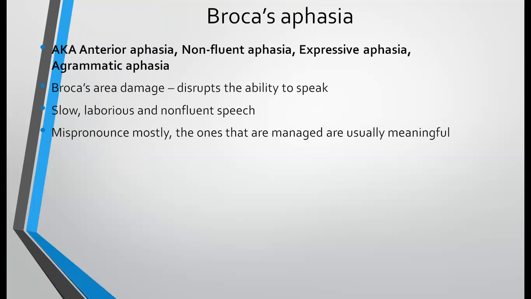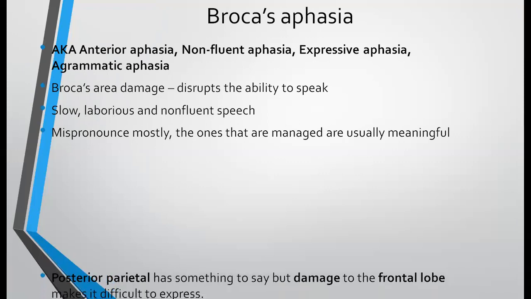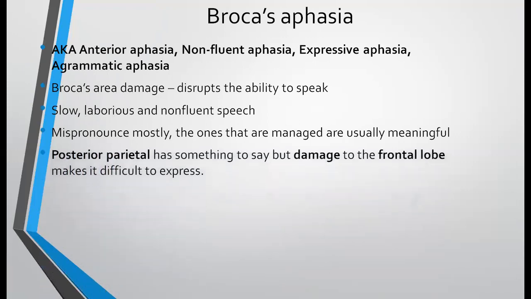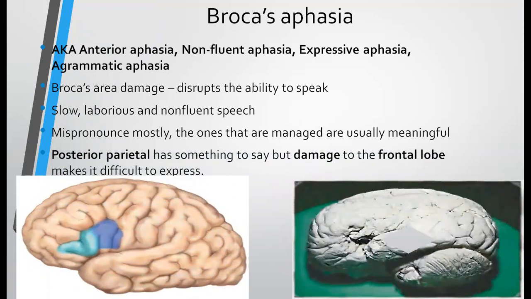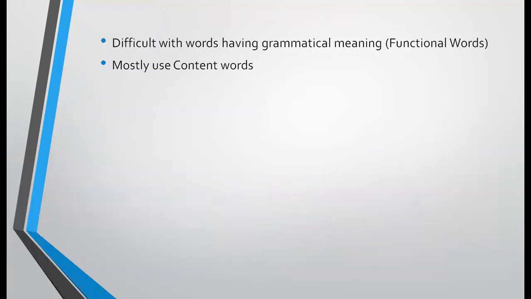They have slow and non-fluent speech. They mispronounce mostly, but they usually manage with meaningful words. Here, the brain has something to say, but damage to the frontal lobe makes it difficult to express. Here you can see the pictures. The highlighted one is Broca's area, and the next picture shows where Broca's area is damaged.